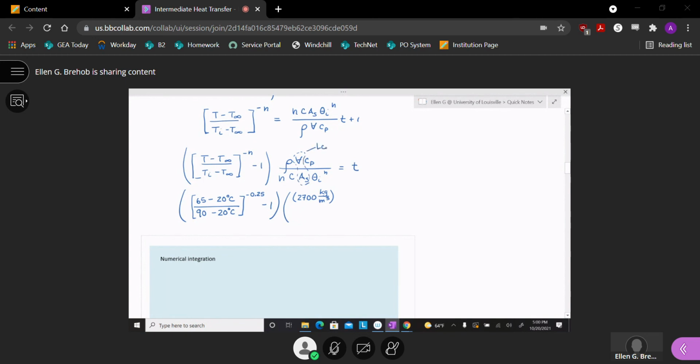Rather than having to solve for volume and surface area, because we really did that when we checked whether lumped capacitance was valid, I'm going to substitute in characteristic length for that ratio.